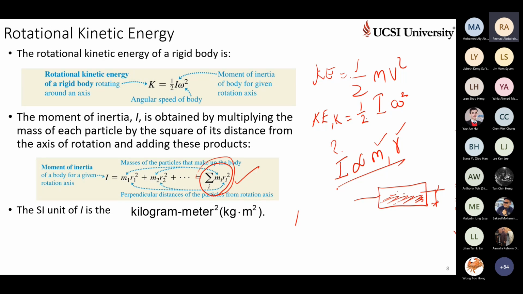Miss, I still don't understand how the inertia decreases if we increase the radius. Repeat the question, please. How does the inertia increase or decrease when the radius is changed? Okay, one moment.